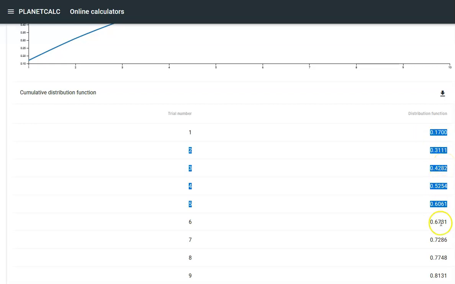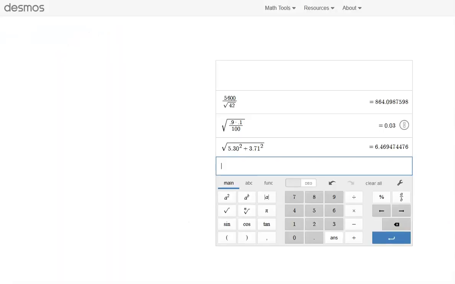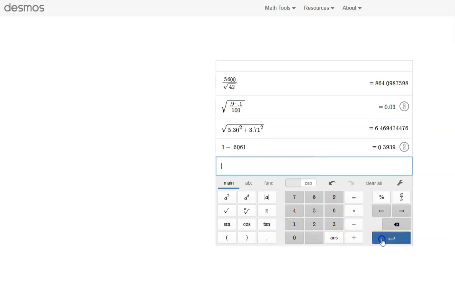Because it's either the 6th or later or it's the 5th or earlier. So it would be 1 minus 0.6061. So there's a 0.3939, I mean, there's a 39.39% chance it would be the 6th or later. So they could ask it like that as well.